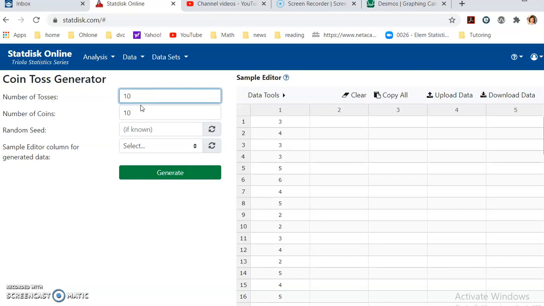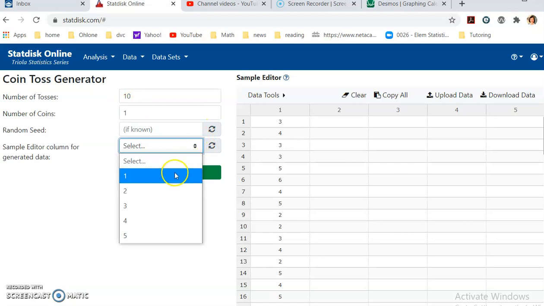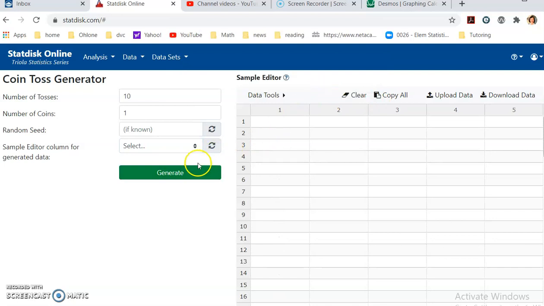Say for example, you toss 10 times. And then you have 1 coin. 1 coin 10 times. And then you put your answer in here. Let me clear this first. So let's see.